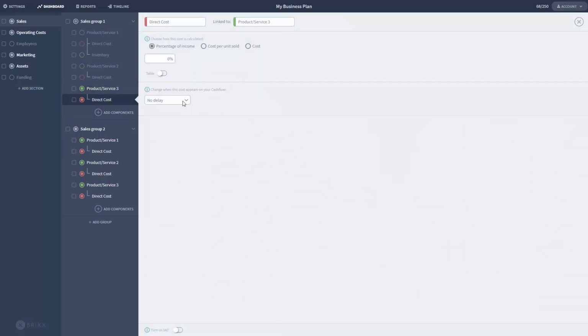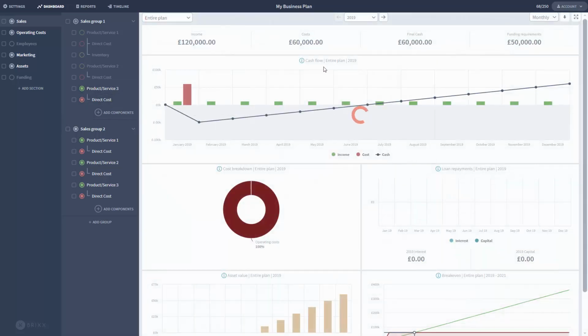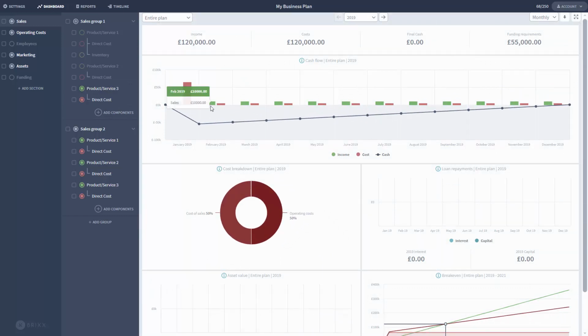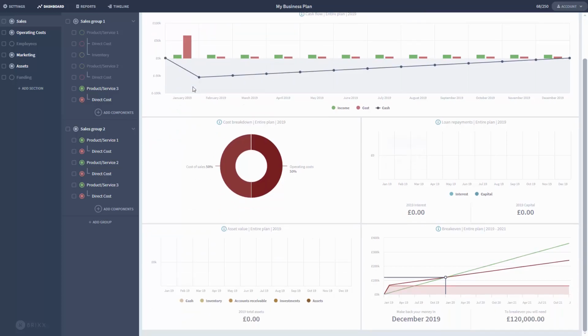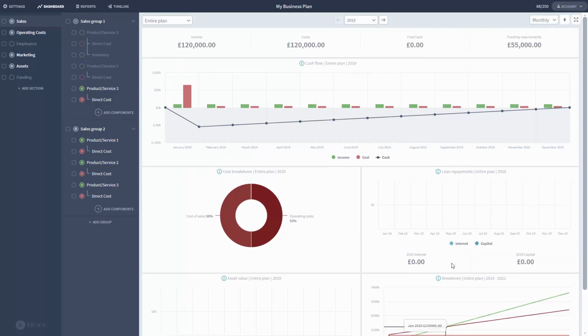So even if we just add a 50% cost of sales to this product that we're selling, so now we've only got 5,000. We're only making 5,000 every month, so it's going to take twice as long for us to make our money back.